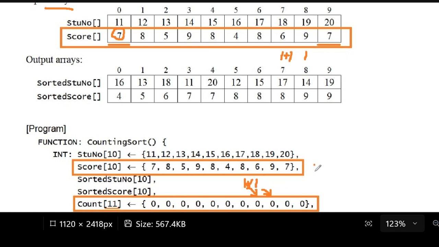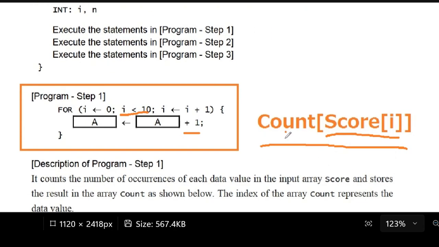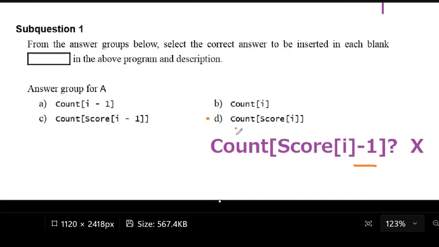That's why it becomes 2. Therefore, the best answer should have count, bracket, score, bracket I, bracket, bracket, and that should be letter D.